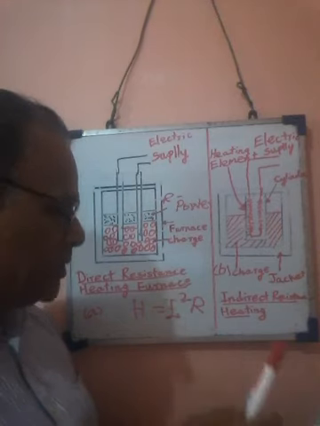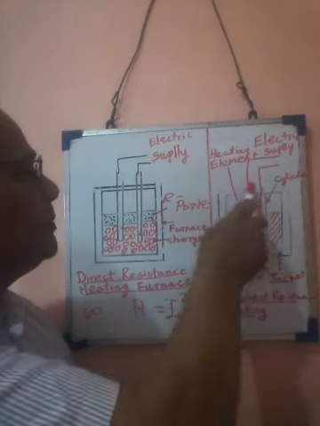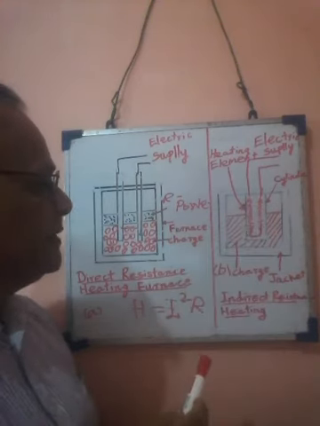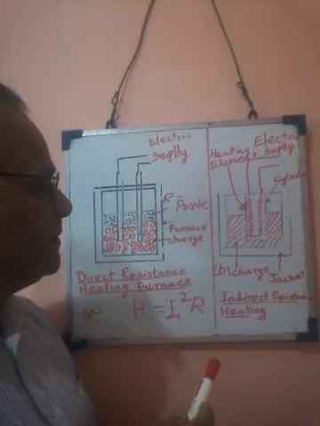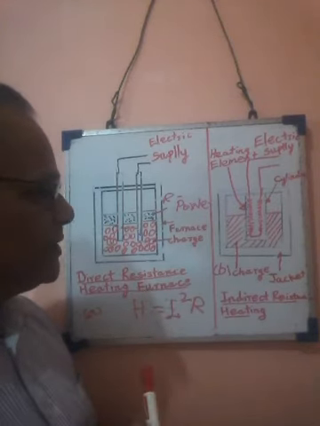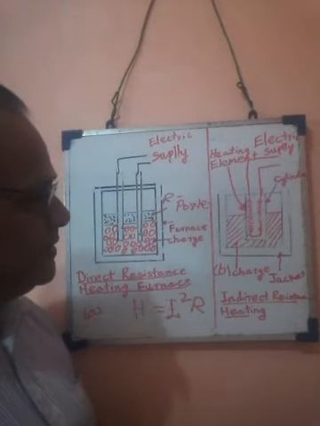Number two, high melting temperature, because this wire needs to operate at high temperature, for example more than 3000 degrees centigrade for some metals.